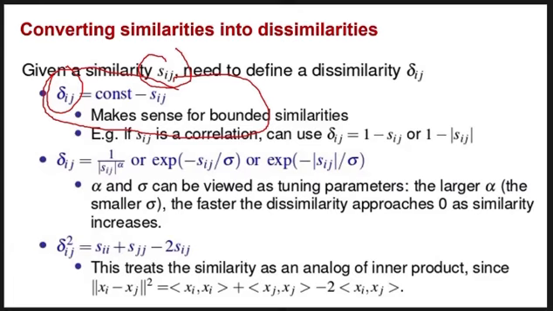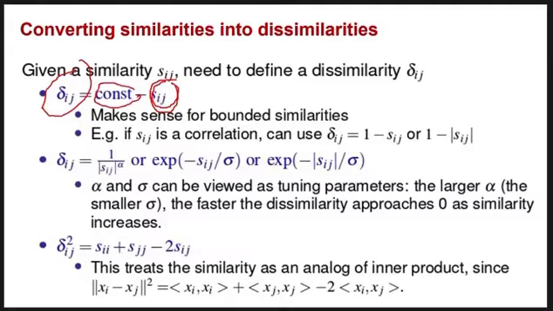That's why you see Sij, the distance between object i and object j. If I know the similarity between them, when I subtract the similarity from a particular constant, then I have a dissimilarity.